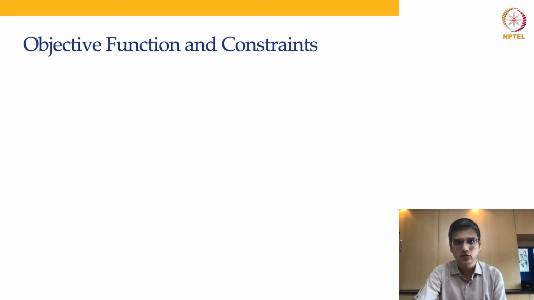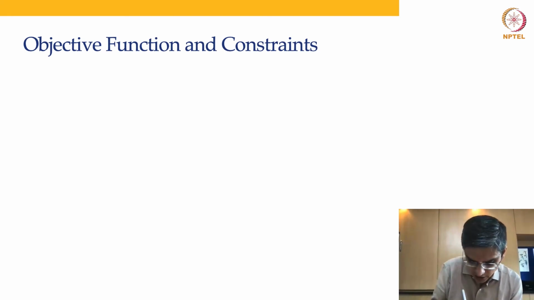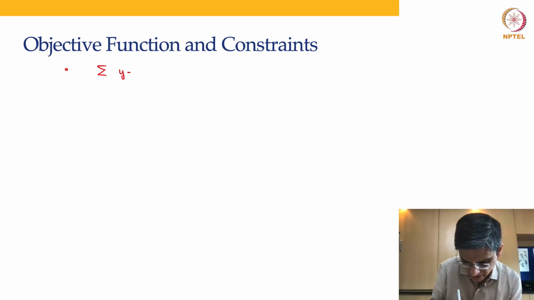Okay, but before we go to that, let's talk about objective function and constraints. I've already talked about the objective function. A few things to note about the objective function: that we have summation (y minus r) transpose Q (y minus r).